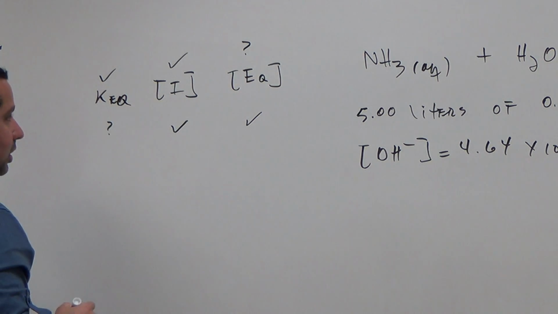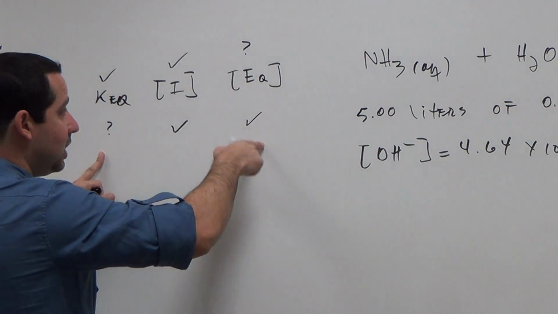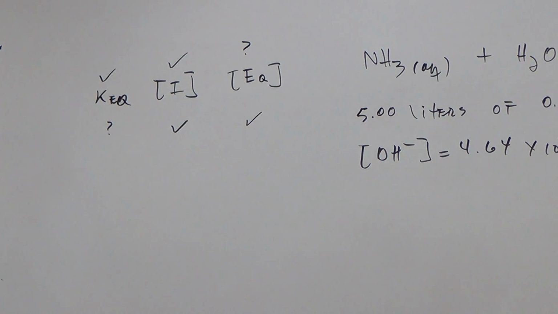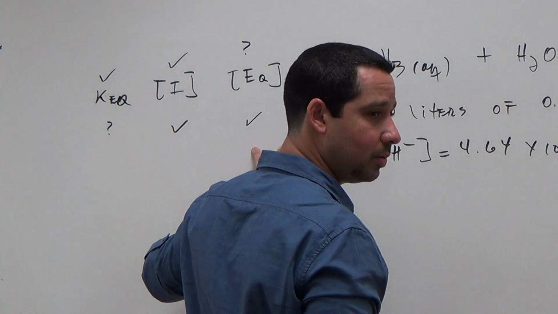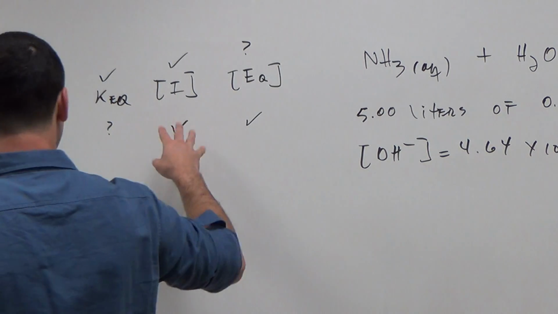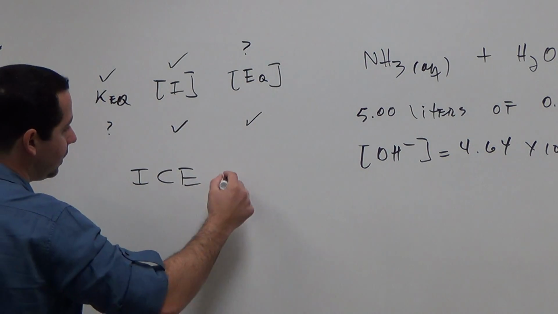Yes. If I have equilibrium information and the constant, can I find the initial information? Supposedly, yes. That will be a little tougher, since you can begin with many different choices. That's not something I'll ever ask you. I'll ask you one of these two, yes? And if you have two and you're looking for the other one, you're going to do something called an ICE chart.